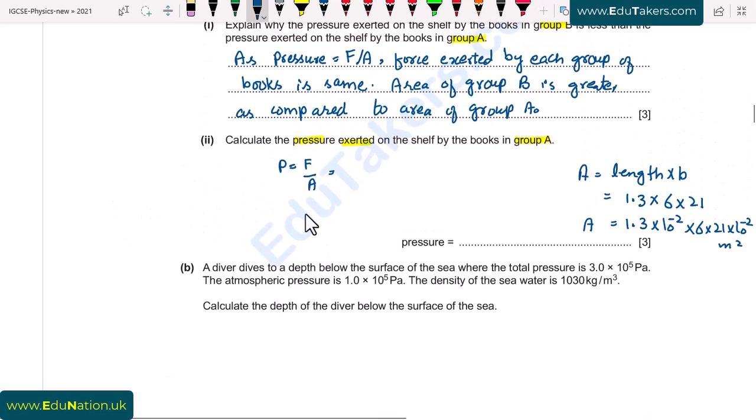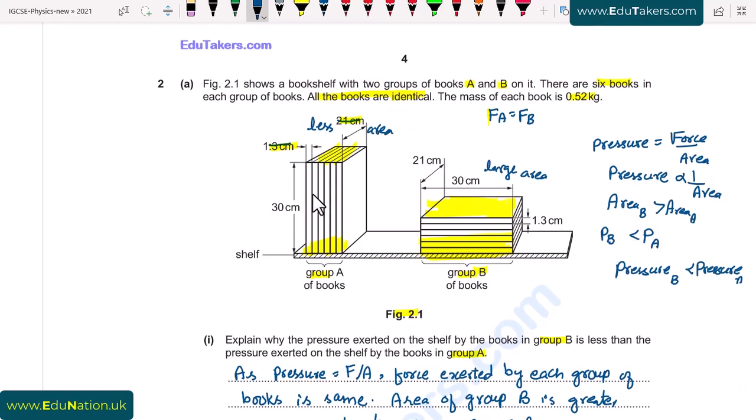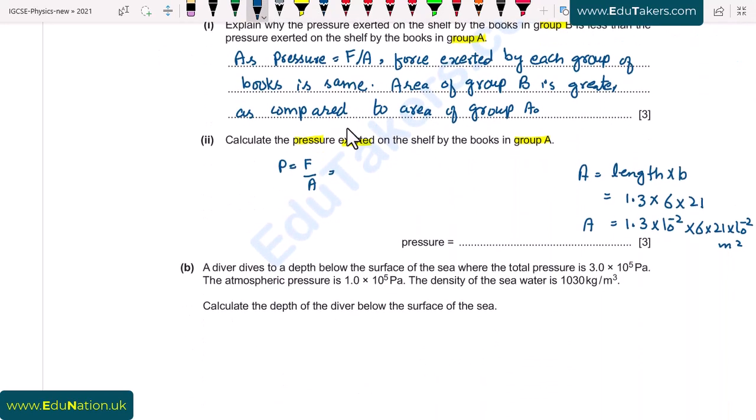Secondly, we also have to calculate force for the calculation of pressure, and force is basically equal to weight. In the question it is given that mass of each book is 0.52 kg. So we have to calculate the mass of 6 books. For that, I write here the weight for one book.